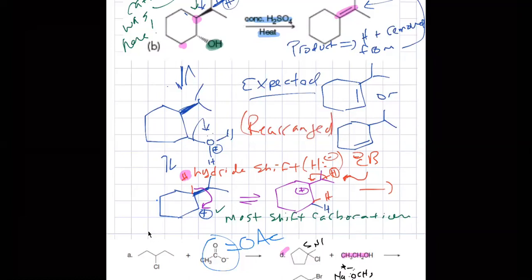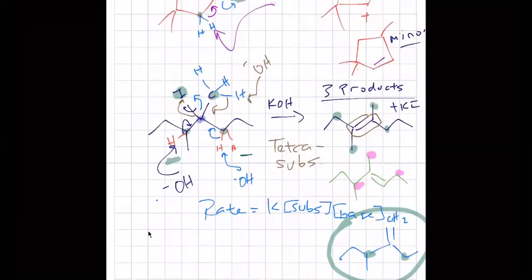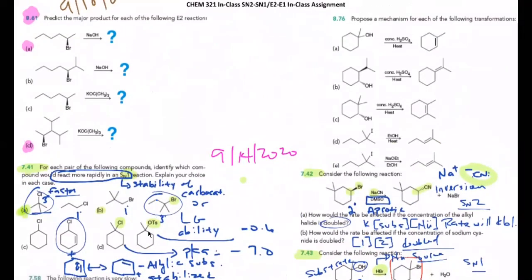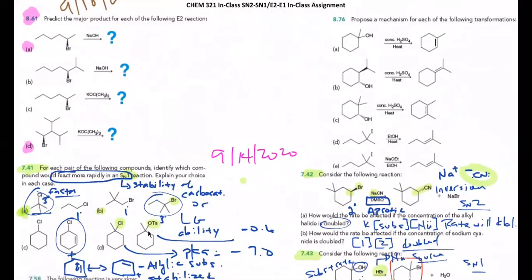All right, so anytime you see an elimination product that doesn't look like the expected product, then you have to think about some type of rearrangement happening. Right, there's another problem up there that's similar to this one that I want you to work on, and it's, let's see, yeah, it's C right here. But in this case, instead of a hydride shift, you're gonna do what's called a methyl shift.